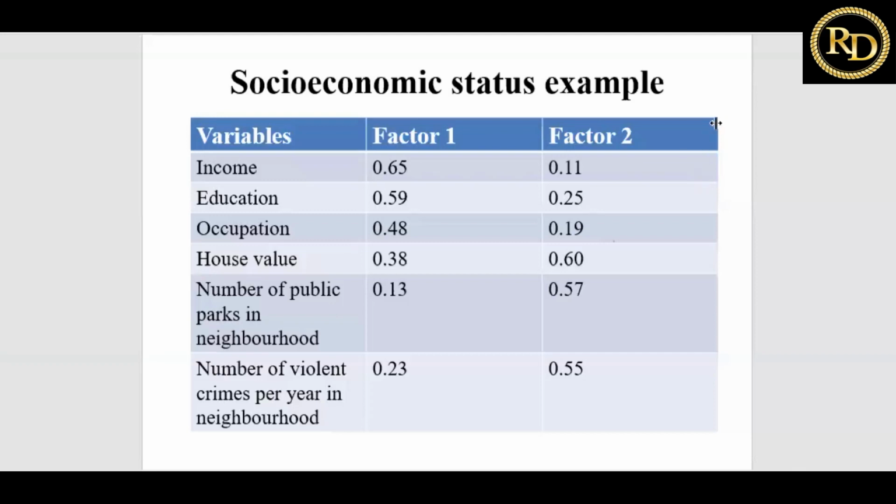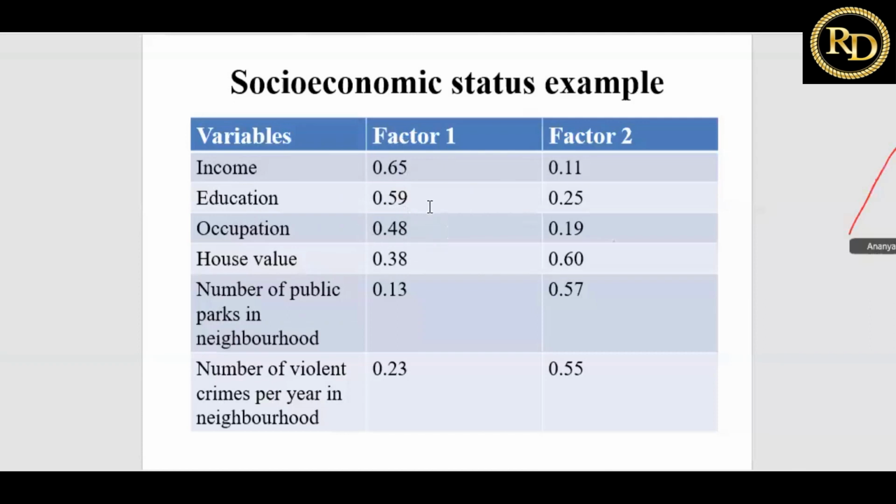Okay, so this can be understood through two factors, factor 1 and factor 2. Now you can see how income, education, occupation, and household, where they will go. By these values you can see the income, education, and occupation: this is 0.65, 0.59, 0.48, and 0.48.